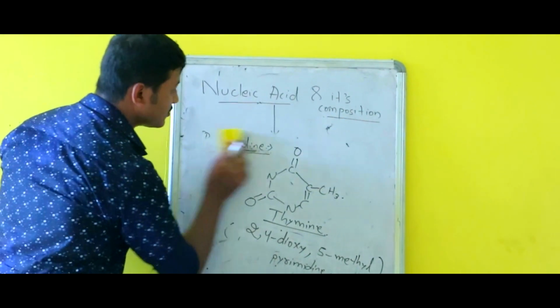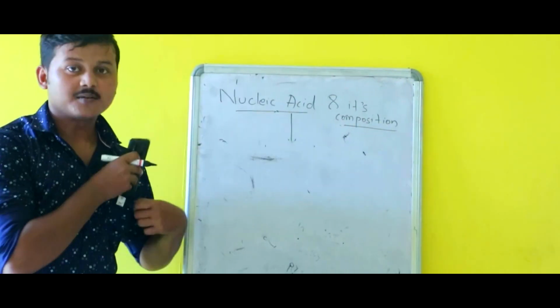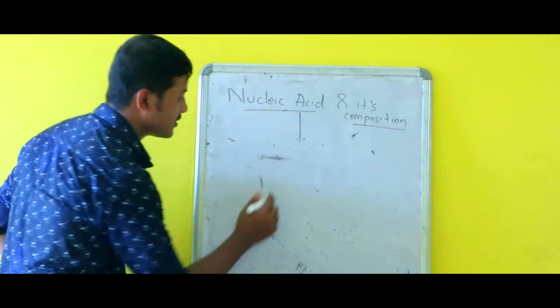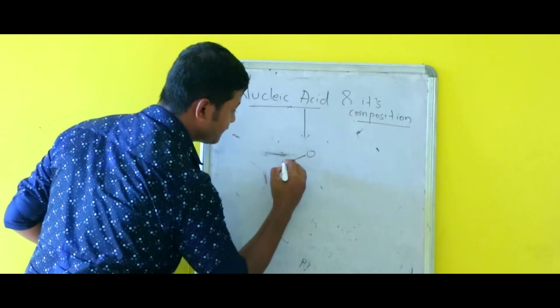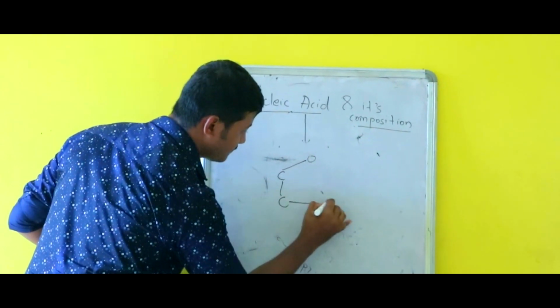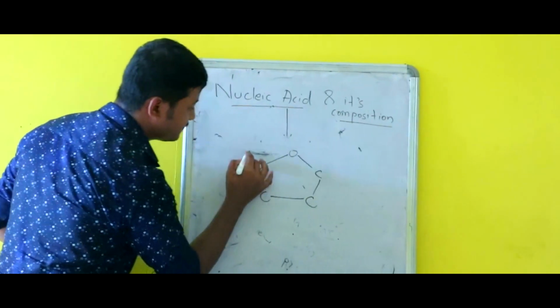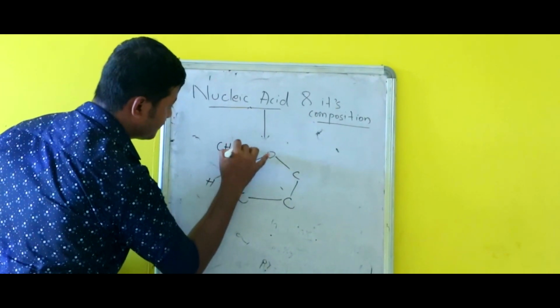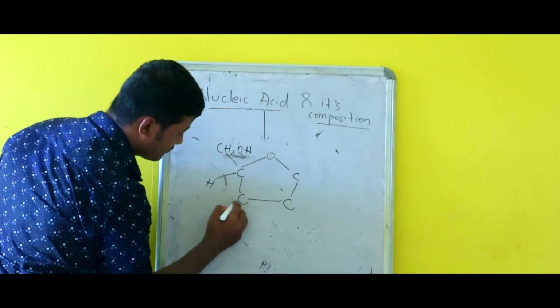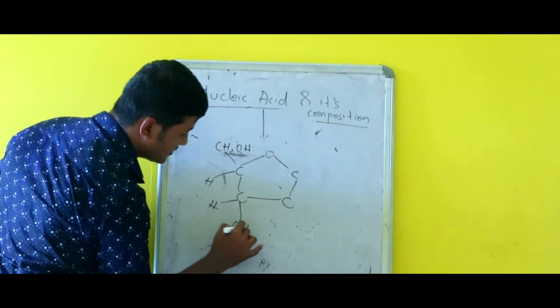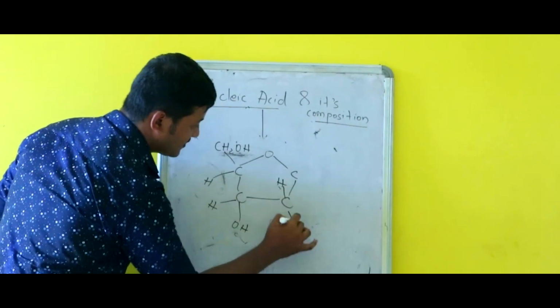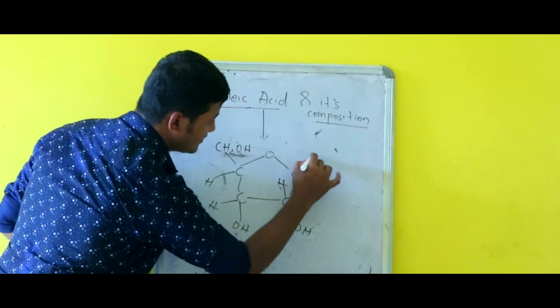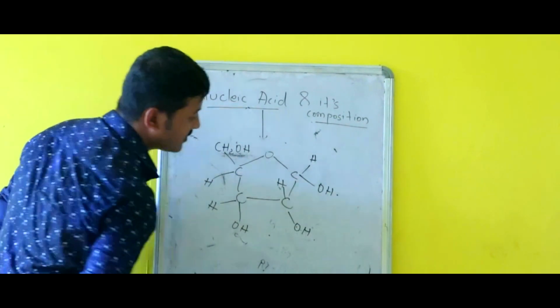Then comes pentose sugar. Then comes the structure of ribose sugar. H OH, then H OH.